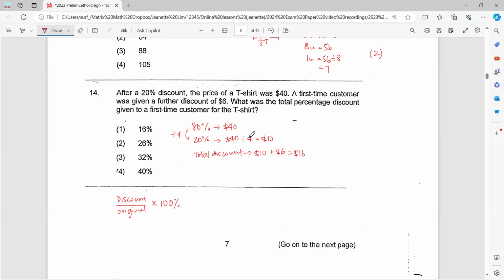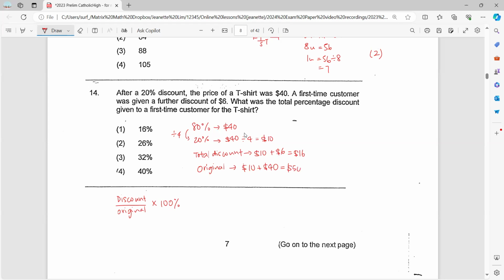Then now let's find the original price. Original is discount plus the $40 that was paid. So basically 100%. So it's the 10 plus 40, or you can find 100%, which is 10 times 5.